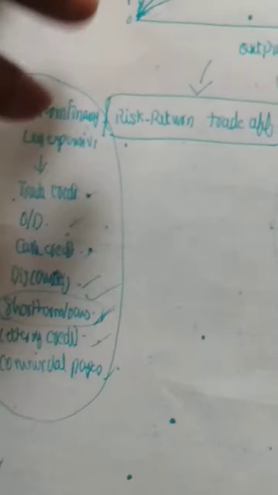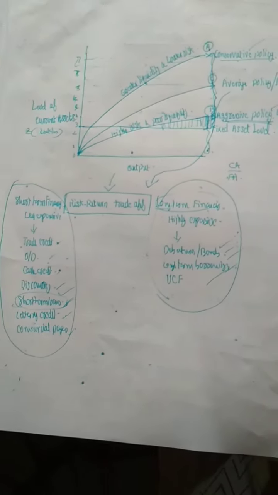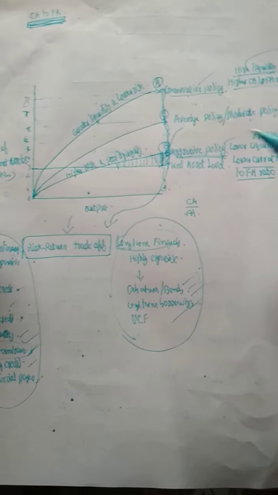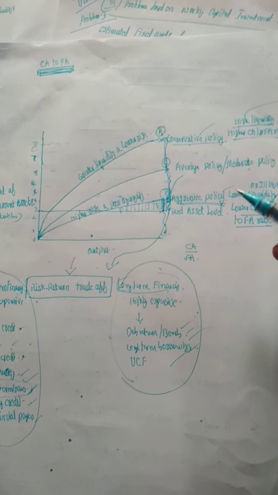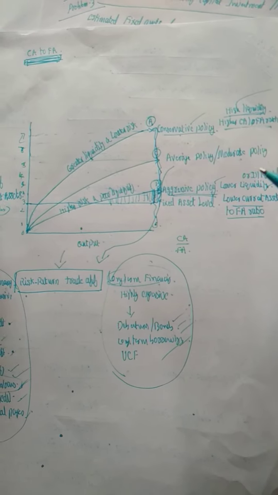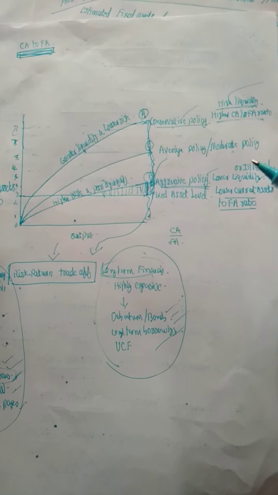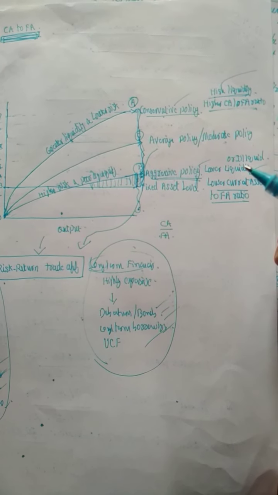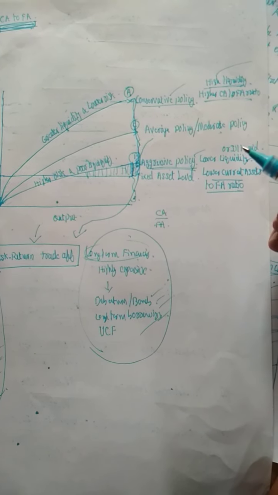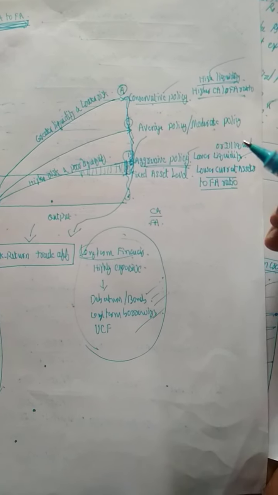So it's easy to maintain short-term financing, but the working capital cycle also should be handled very carefully. You have to generate more cash and maintain a more liquid position by collecting bills, receivables and debtors, etc., and go for an average or conservative policy of working capital.